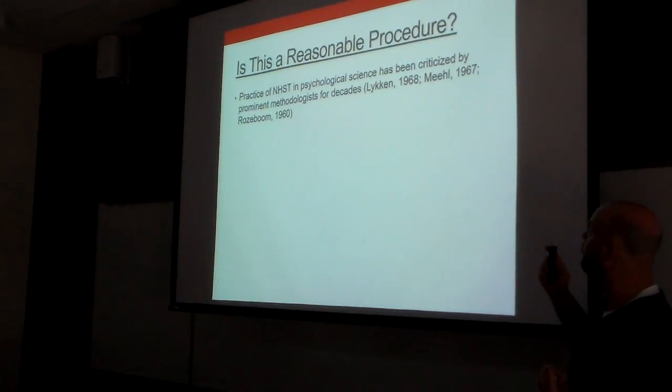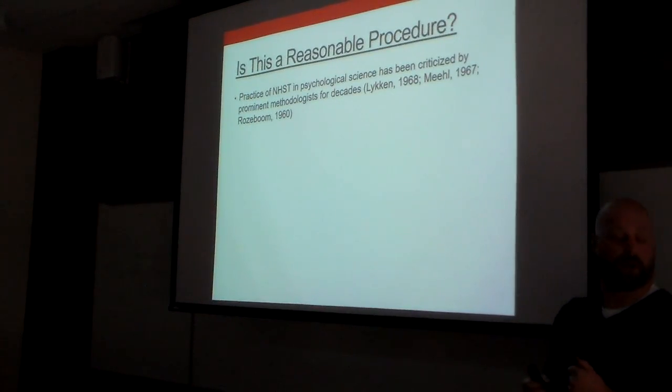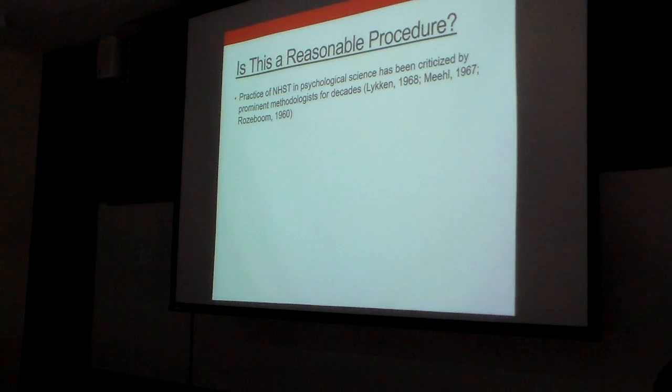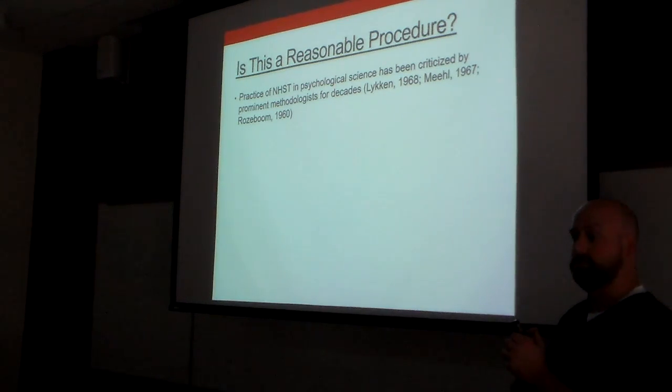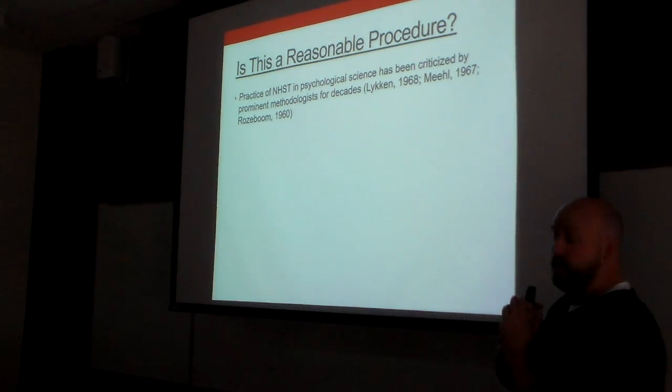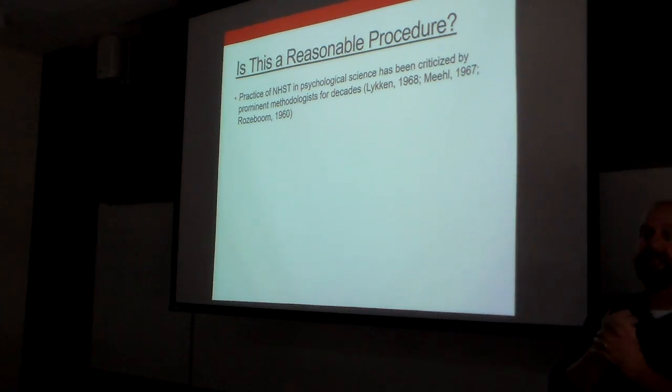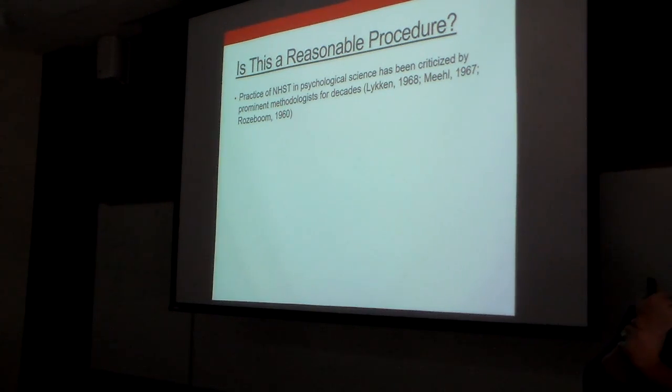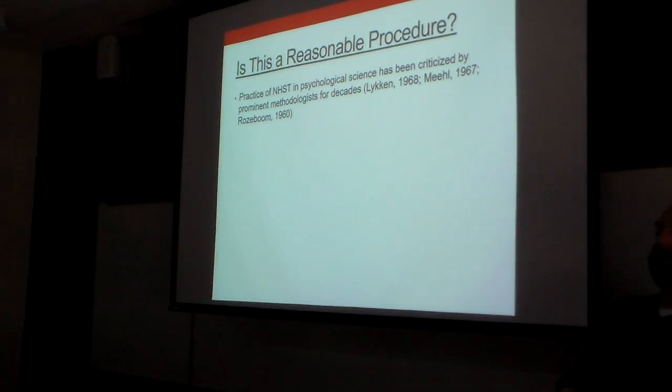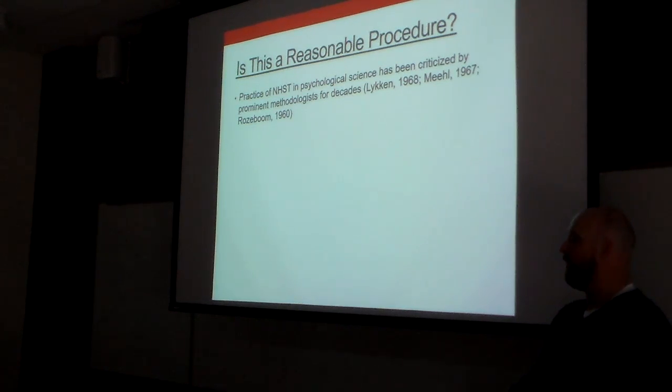Cool. All right. Questions on our null hypothesis test, what we've been doing up to this point? All right. So the question is, is this a reasonable procedure? So this is what we do. Is this a useful thing to do? Are we getting reasonable inferences?